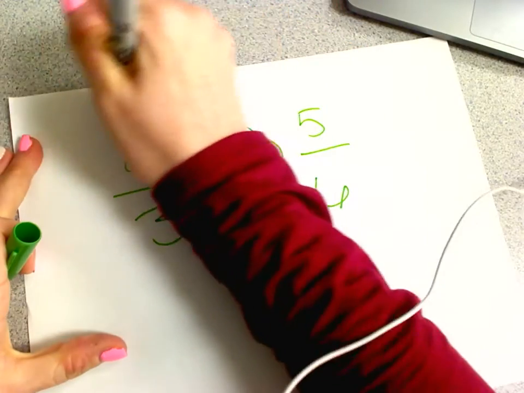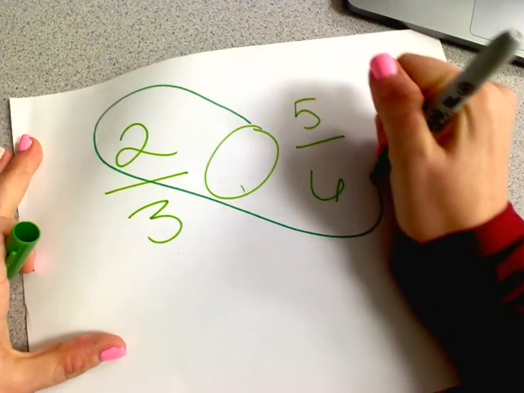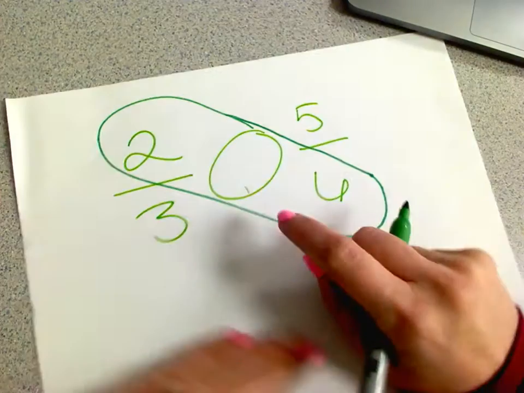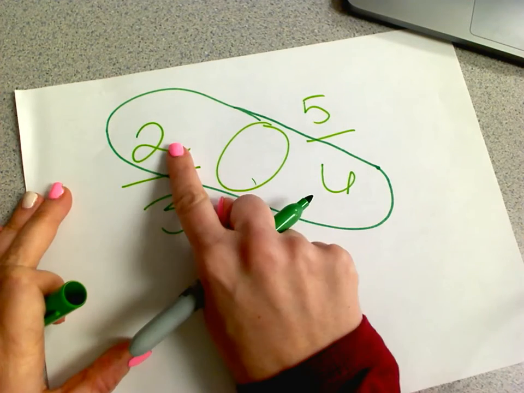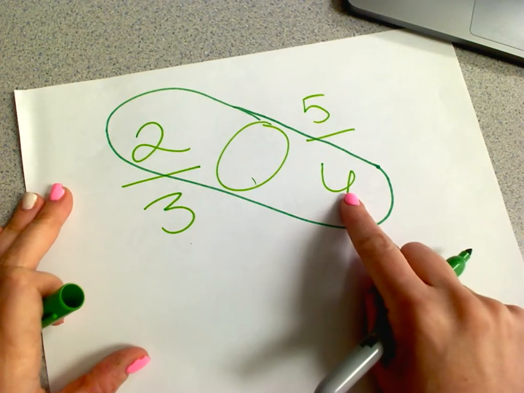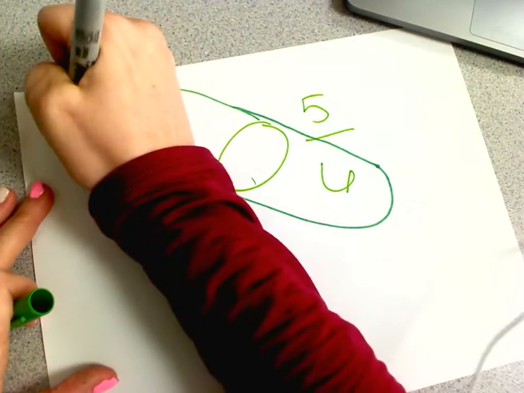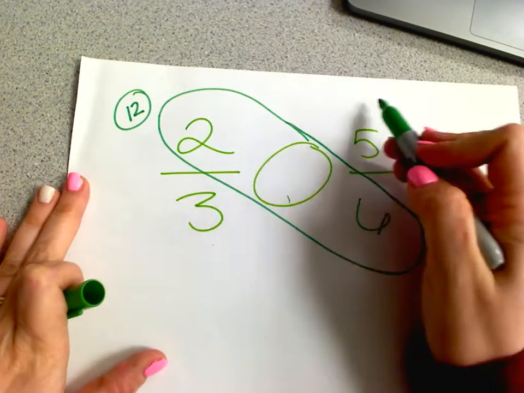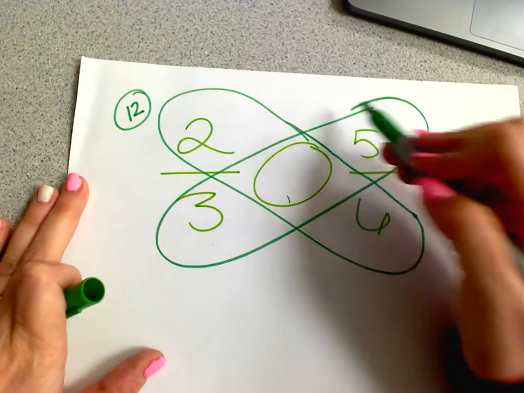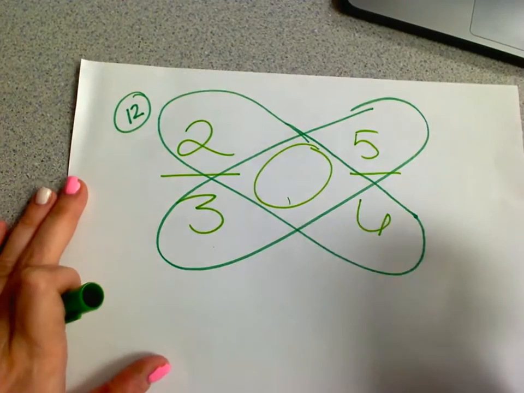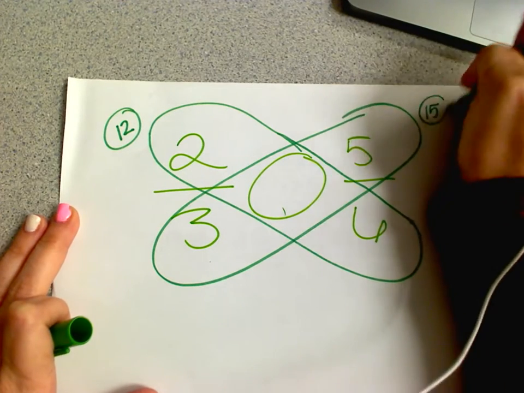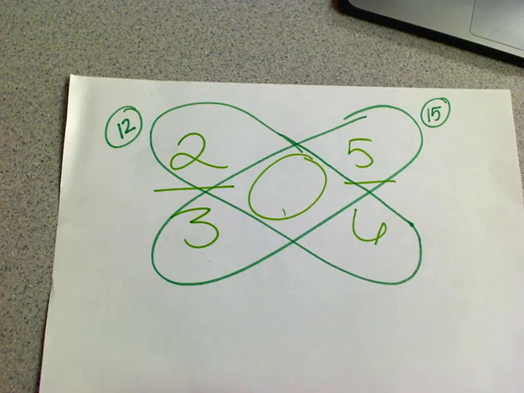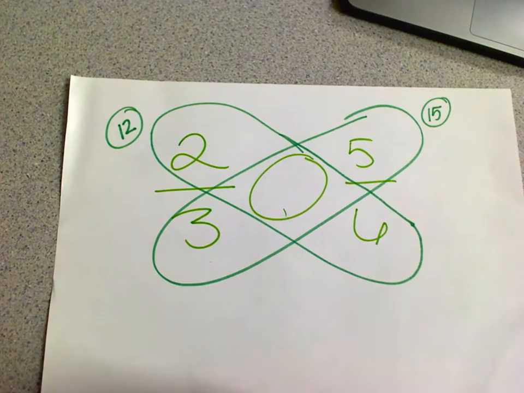So my first one is I'm going to circle diagonals. I'm going to multiply these two together. 2 times 6 is 12. So I'm going to put it right above the numerator I circled, so 12. I'm going to do the same thing to this side. 5 times 3 is 15. So now I'm just comparing 12 and 15.